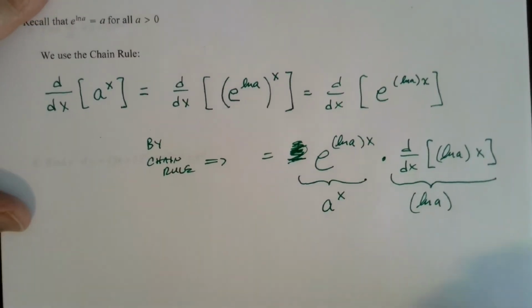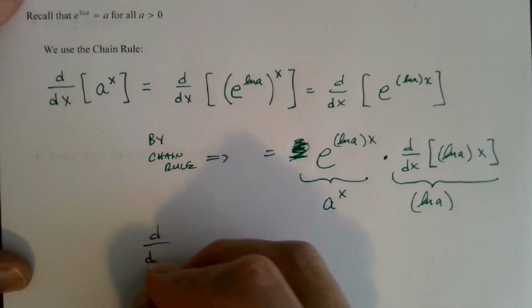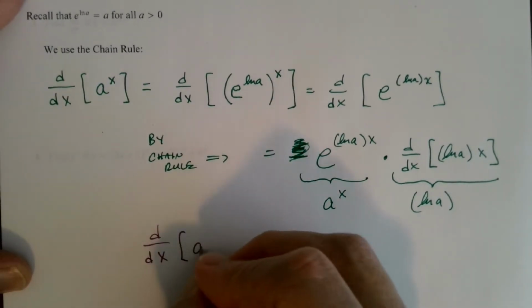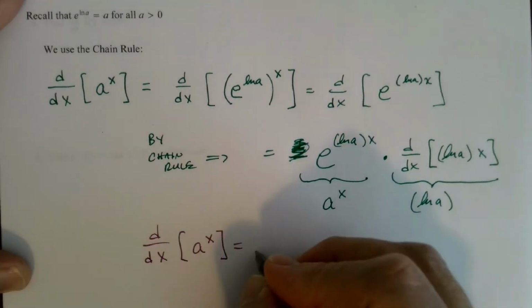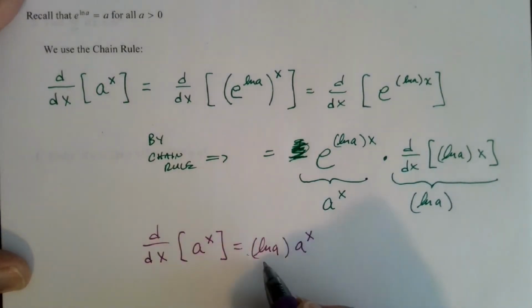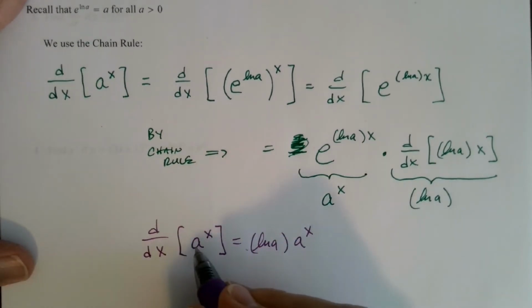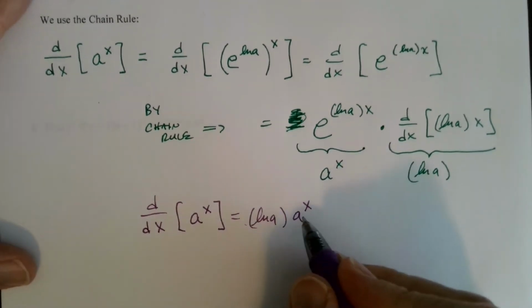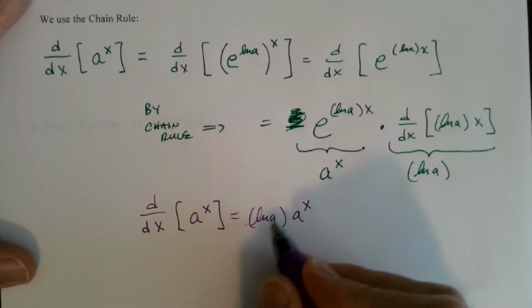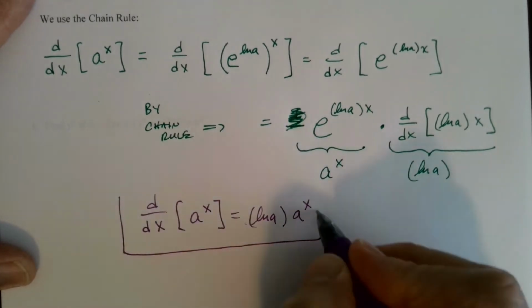And so what we have here is the rule now that the derivative with respect to x of a to the x is the natural log of a times a to the x. So natural log of a is just a real number. So the derivative of any general exponential function is the function itself times a constant, right? A constant multiple of the function. So this is the general exponential function rule.